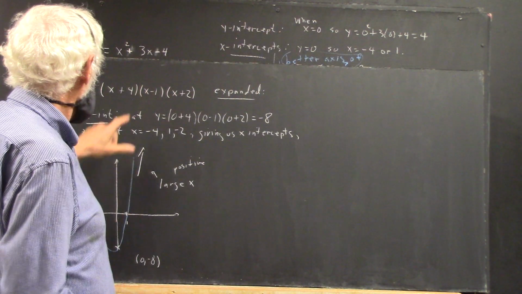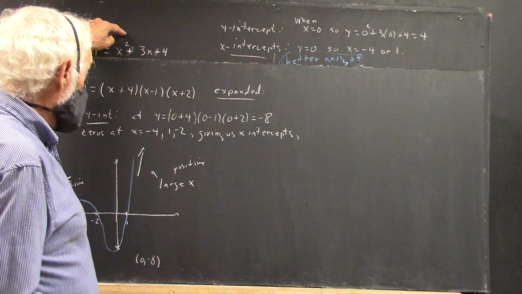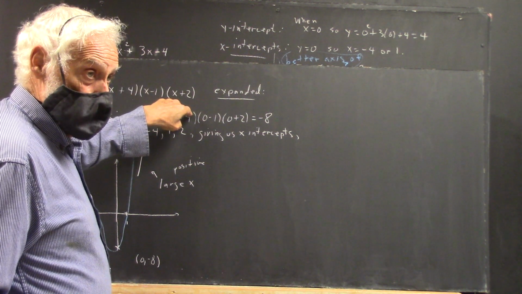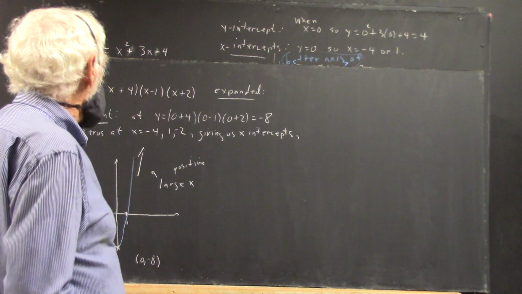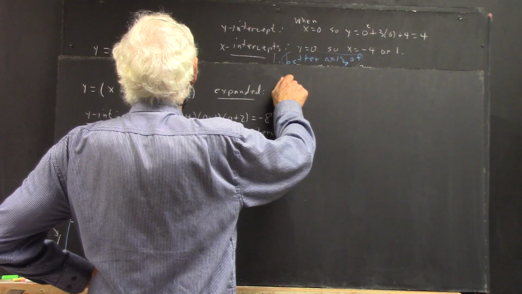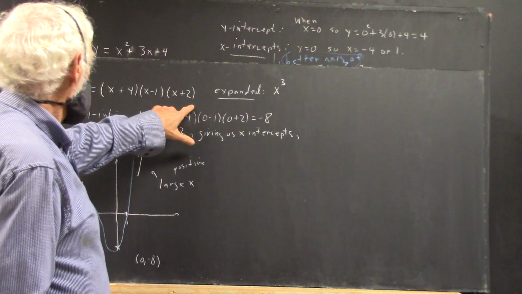If I multiply this out, then I get this. Now I could multiply this by this, okay? And I would get x cubed. I multiply this by x plus 2.